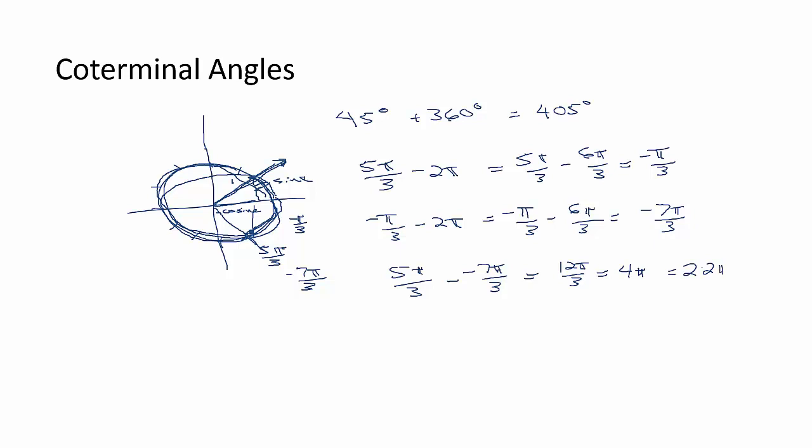It's 2 times 2 pi. So the difference between the two angles is a multiple of a full revolution, so we know that they're coterminal. With degrees, it's just a multiple of 360, since in degrees 360 is a complete revolution.